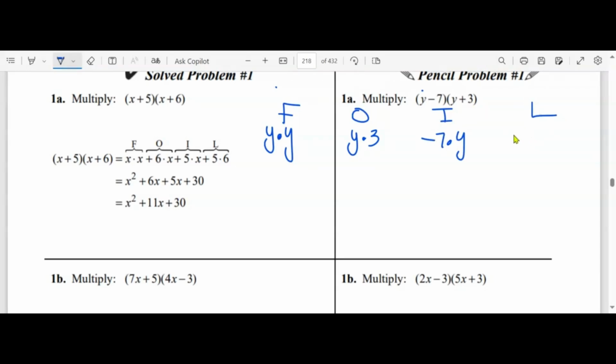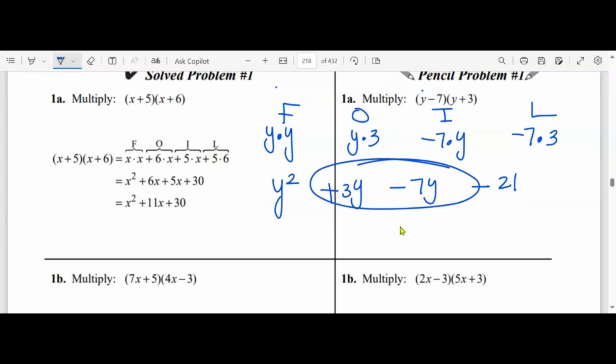Last: 7 times 3. So y times y gives you y squared plus 3y minus 7y minus 21. Can you add these together? And that's your final answer. Easy. Go to the next one.